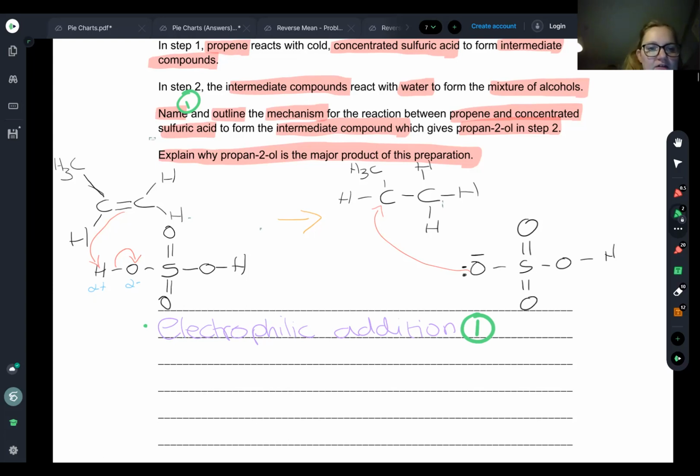So basically this curly arrow will get you your second mark. Your third mark would be a curly arrow to break the hydrogen and oxygen on your sulfuric acid. If you haven't got the correct charges on there, you would be penalised for them. So you don't get a mark for them, but if you've got the wrong charges or you don't have them, you would lose a mark.